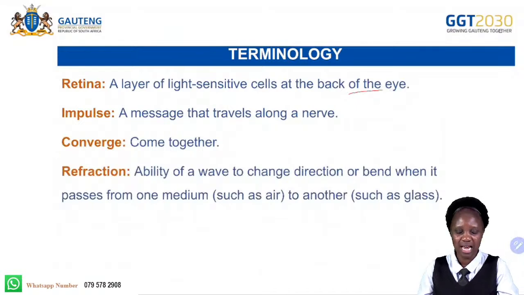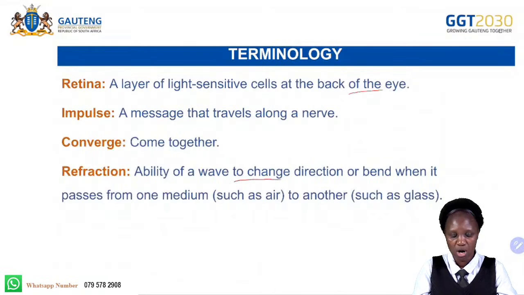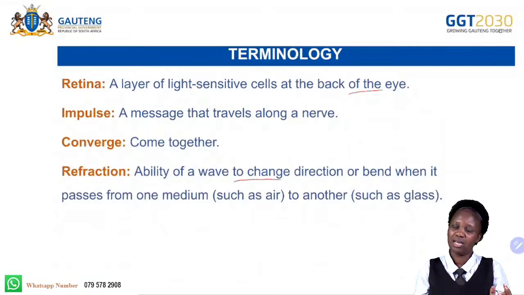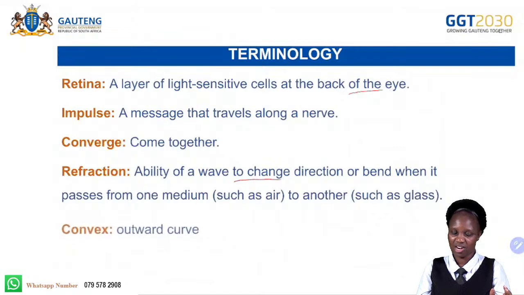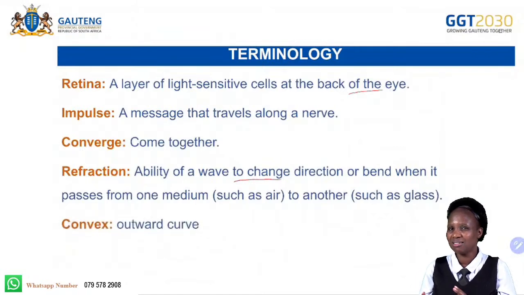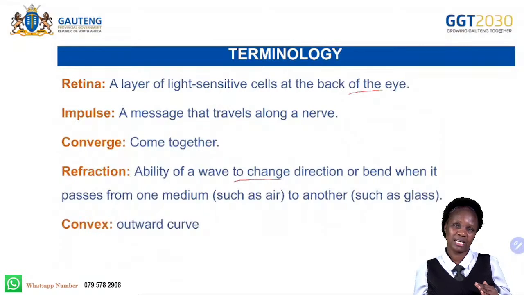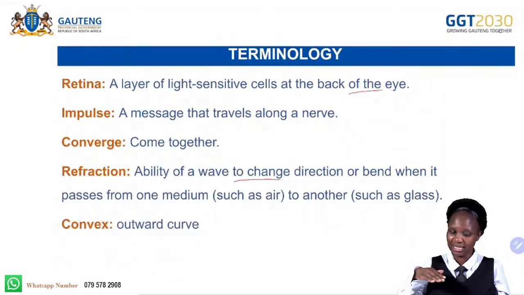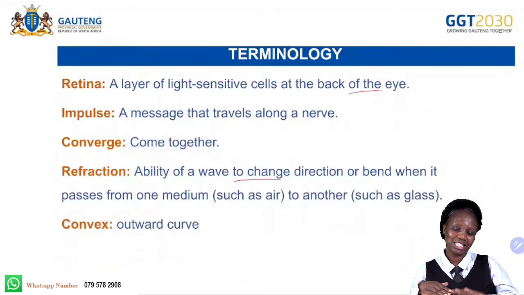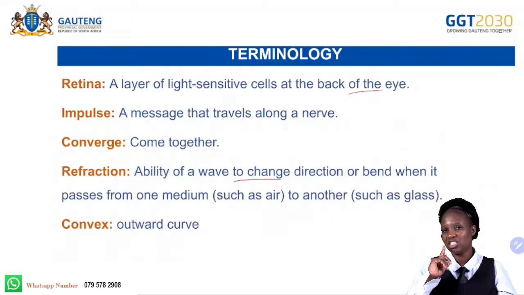Okay. And then what about refraction? This is the ability of a wave to change direction or bend when it passes from one medium such as air to another such as glass. This is refraction. All right. Do you understand it, Grade 8? If, for example, we've got white light coming in and then we've got a glass prism here, all right? Remember, light travels through transparent substances or transparent objects.